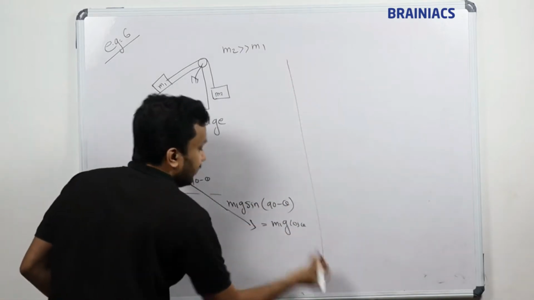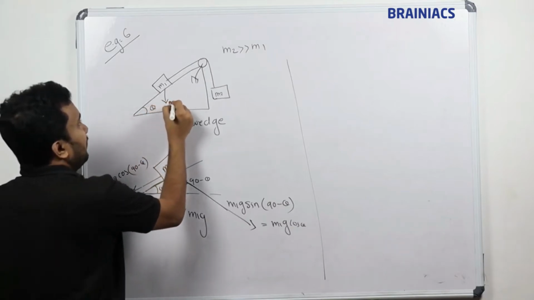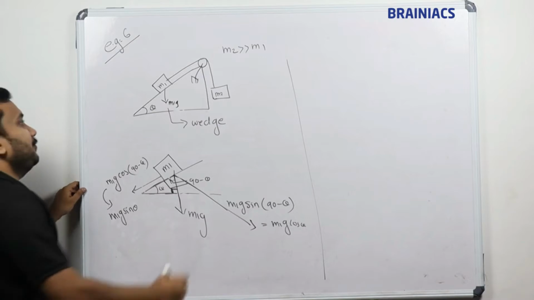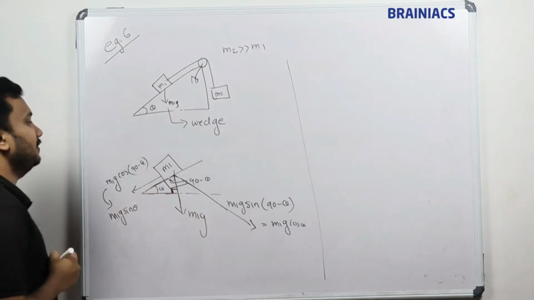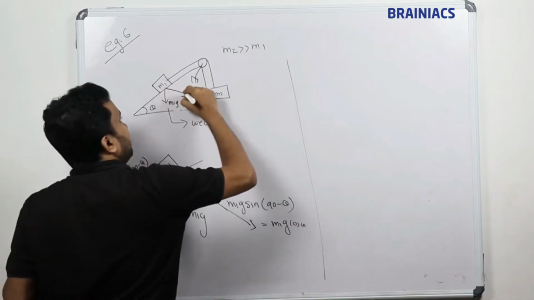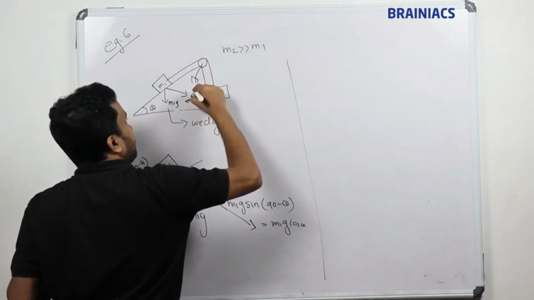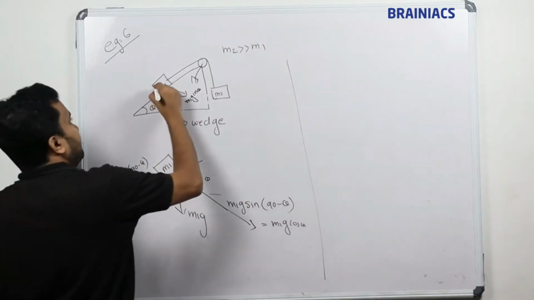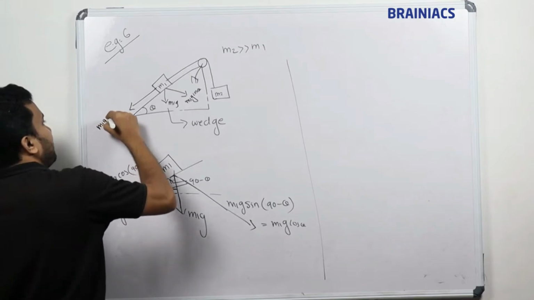Okay, so in short, in this diagram, I can just mark: this is called m1g, and I have two lines here. This side is called m1g cos theta, and this one along this line is called m1g sin theta.